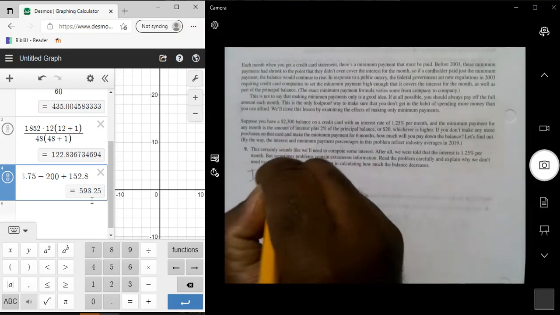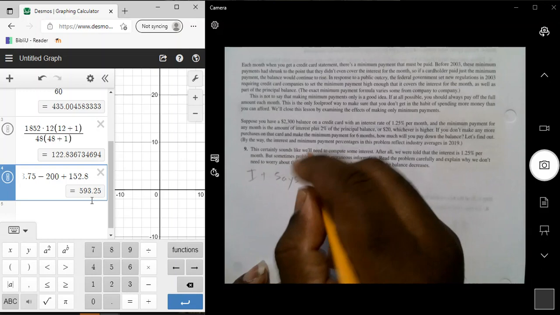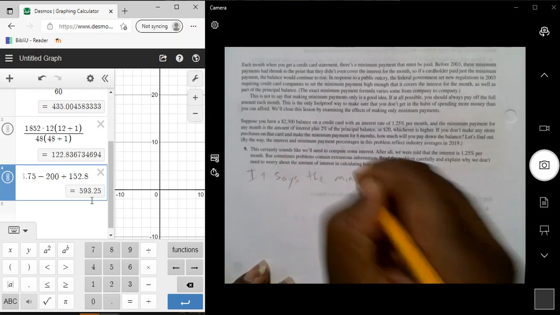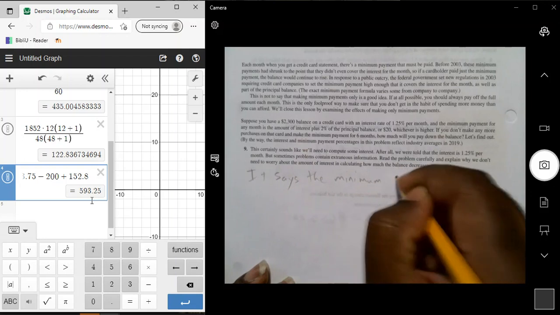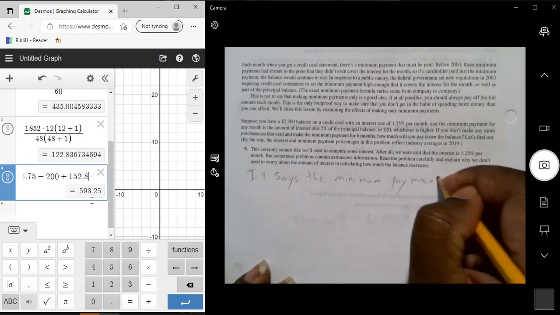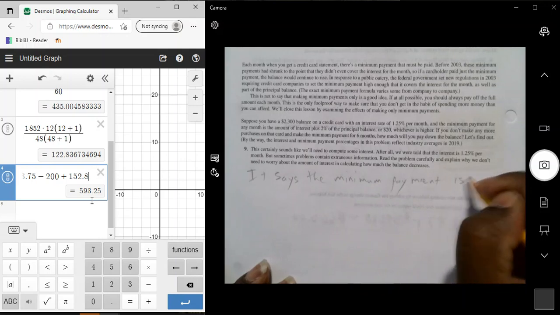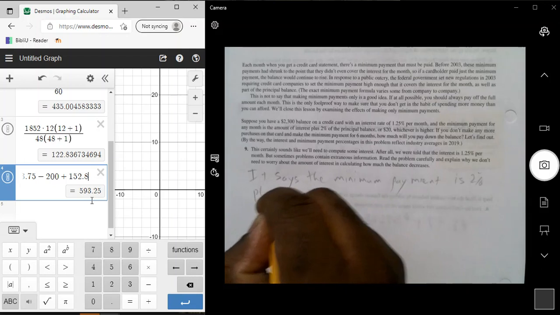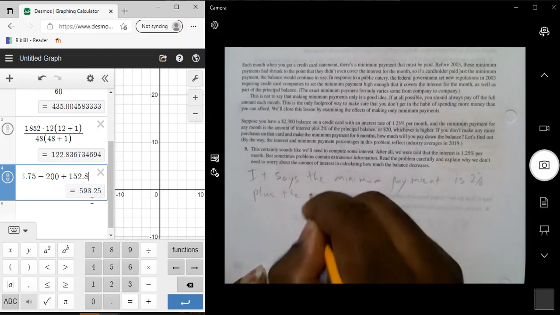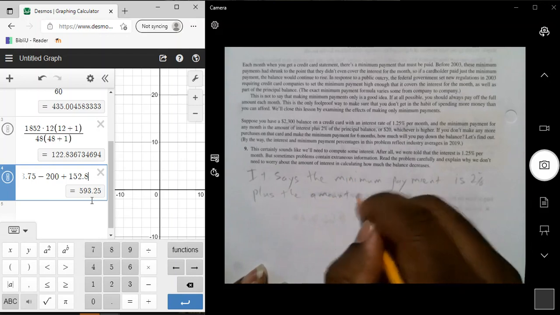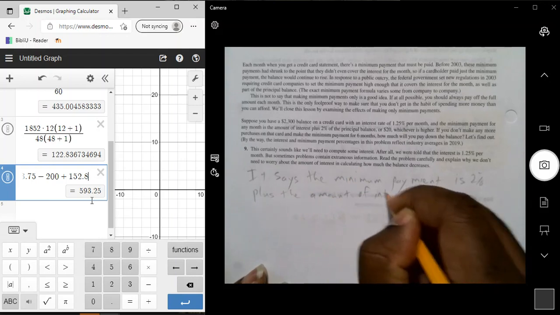It says the minimum payment is 2% plus the amount of interest.